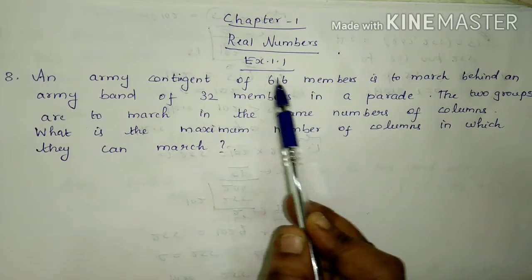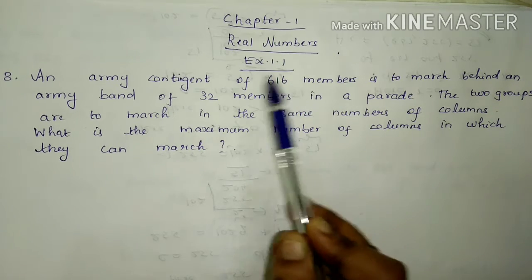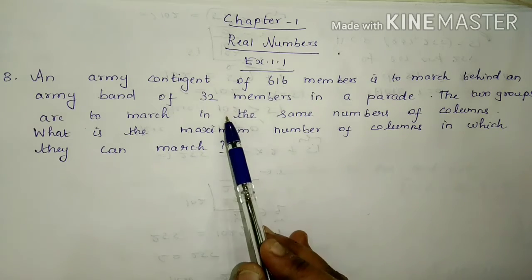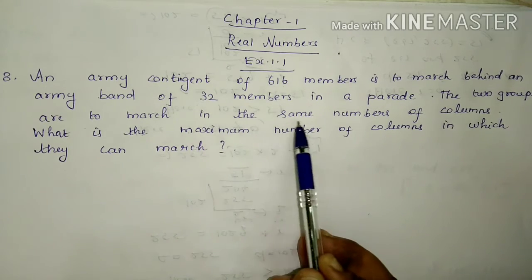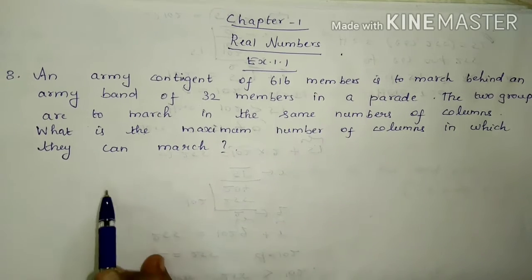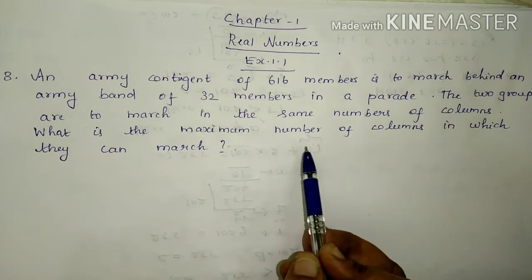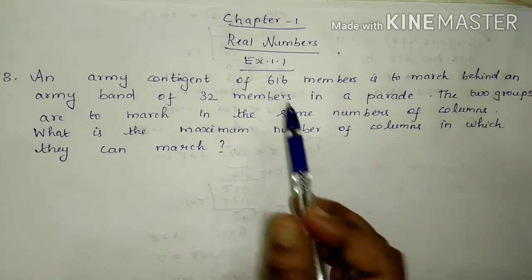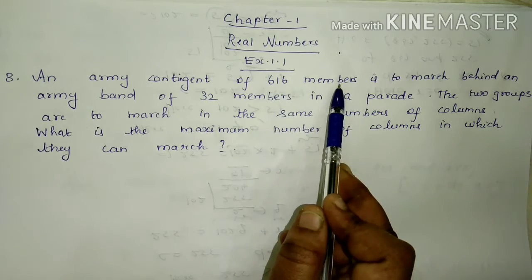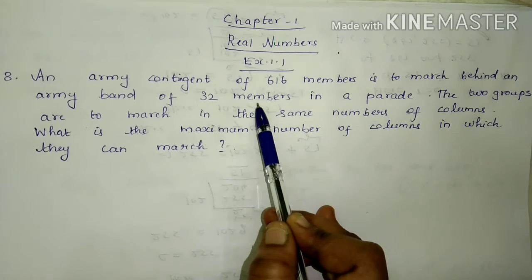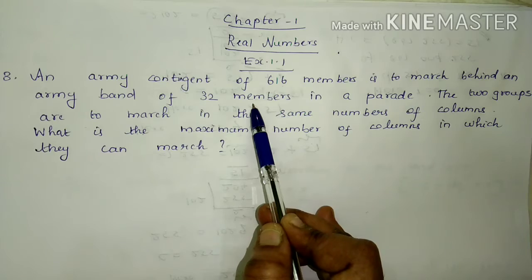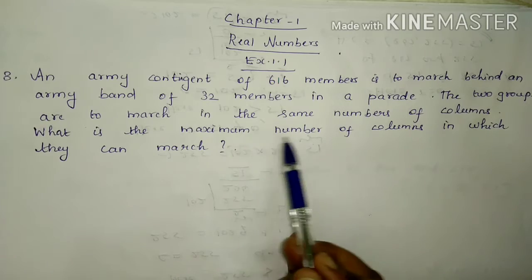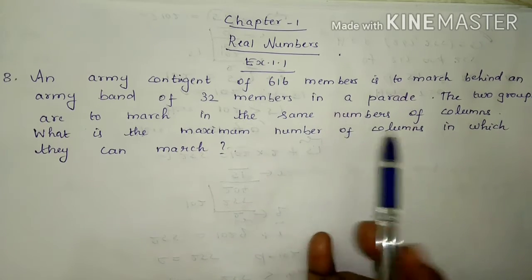The 616 army contingent members have to march behind the 32 members, and both groups have to march in the same number of columns. We are going to find the maximum number of columns in which they are going to march.